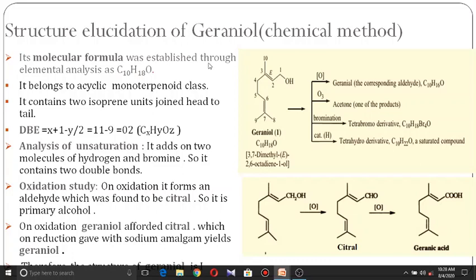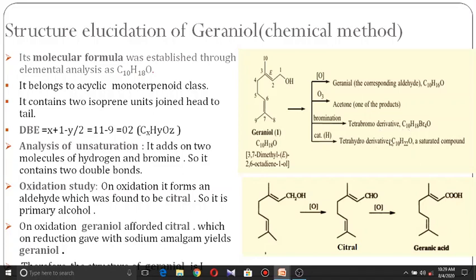Now let us see what this type of unsaturation is. It adds on two molecules of hydrogen yielding the tetrahydro derivative C10H22O, and on bromination it forms a tetrabromo derivative.